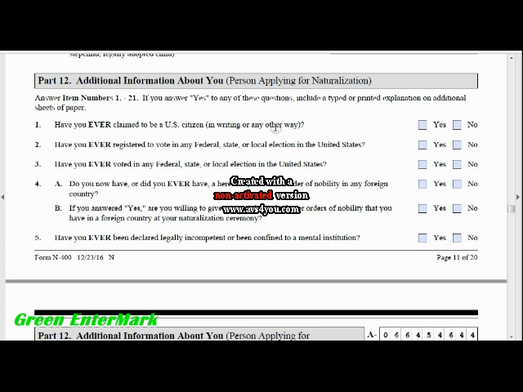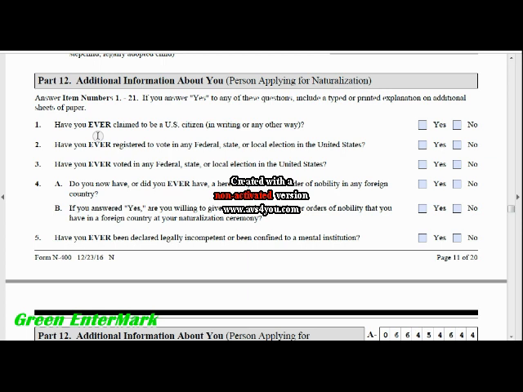Most of the questions are about whether you acted in a legal and authentic way in the last 5 years or 3 years. So we just saw the questions, and now we go through them.